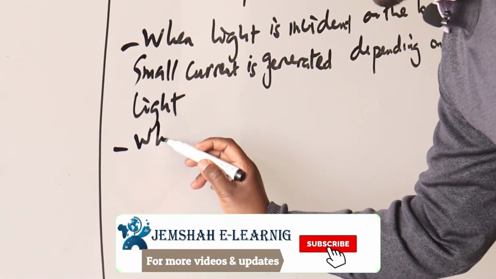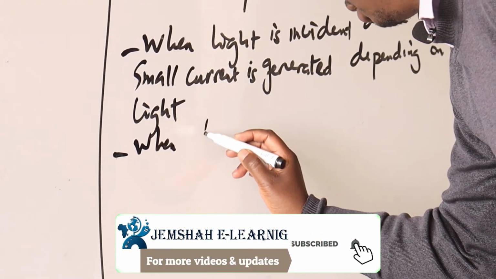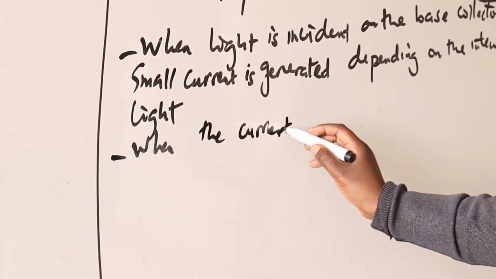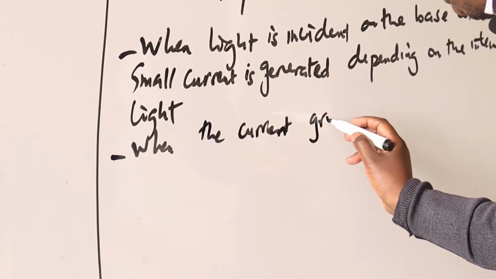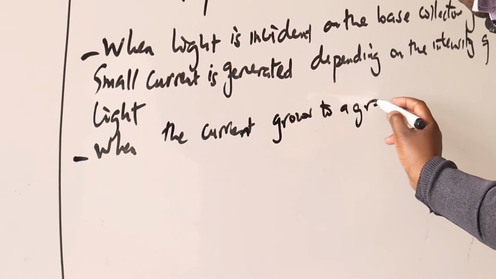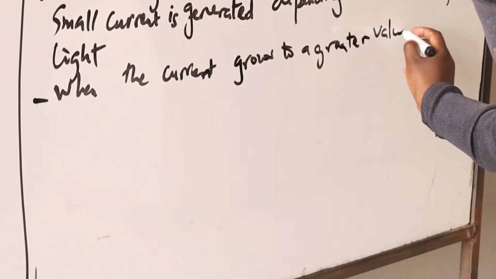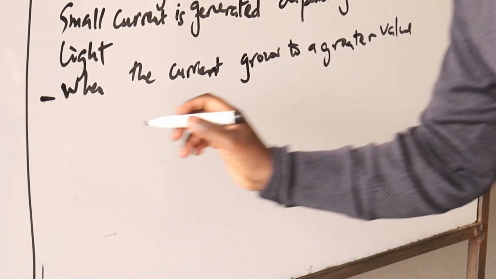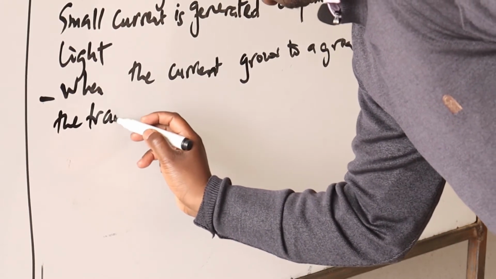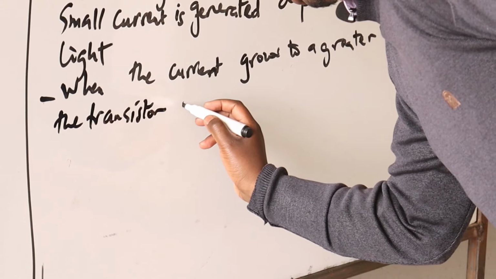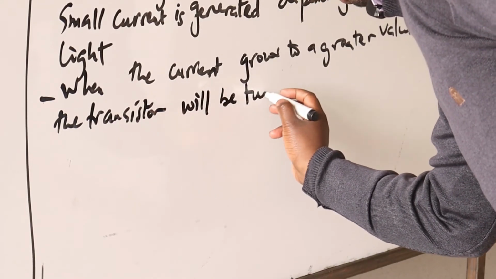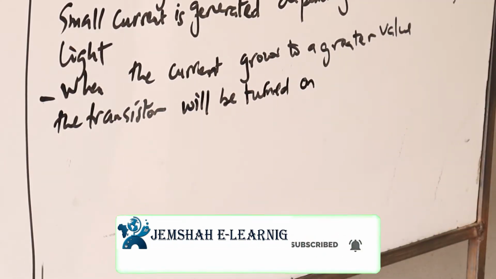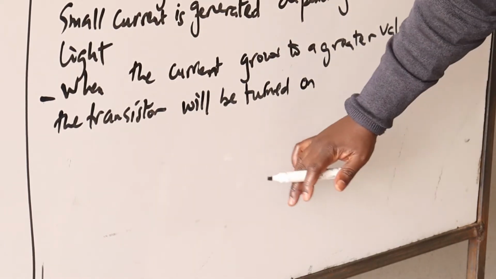When the current grows to a greater value, the transistor will be turned on, depending on the intensity of the light falling on the base.